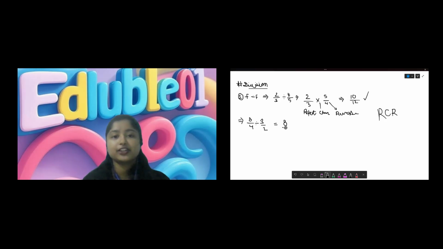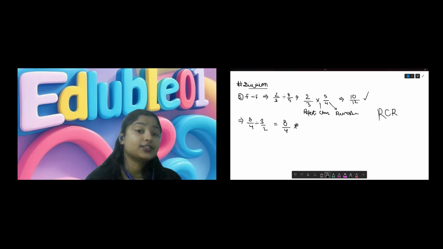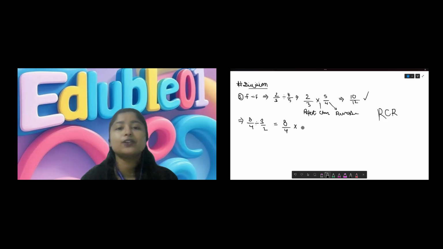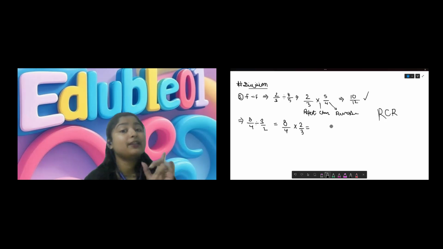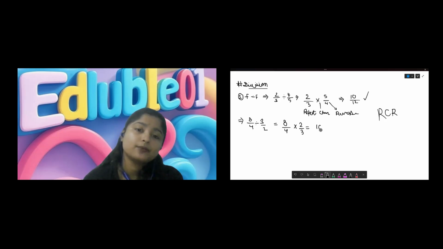We repeat the first fraction, change the sign from division to multiplication, and reverse. If it is 3 over 2, it's going to be 2 over 3. Now, just the simple multiplication rule: 8 times 2 is 16 and 4 times 3 is 12.